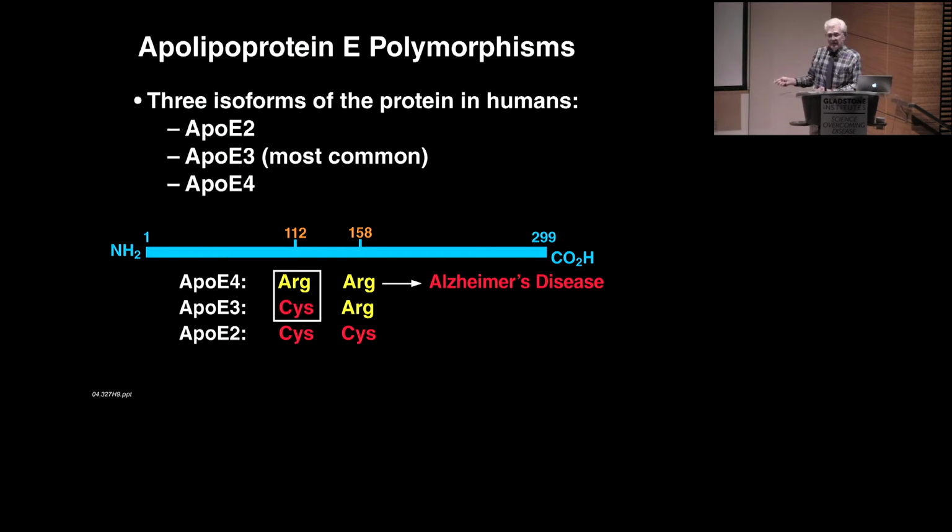And especially important for our discussion today is that ApoE4 differs from E3 by having an arginine at residue 112 instead of the normally occurring cysteine. And this is associated with the development of Alzheimer's disease. And I will show you that this single amino acid interchange causes ApoE4 to become neuropathologic.